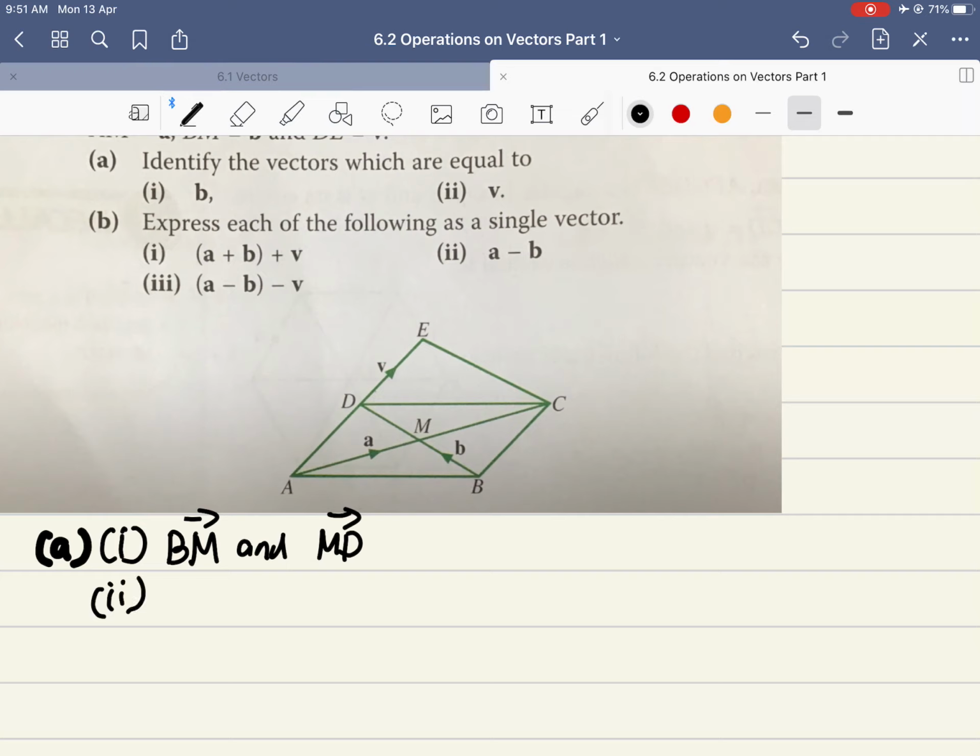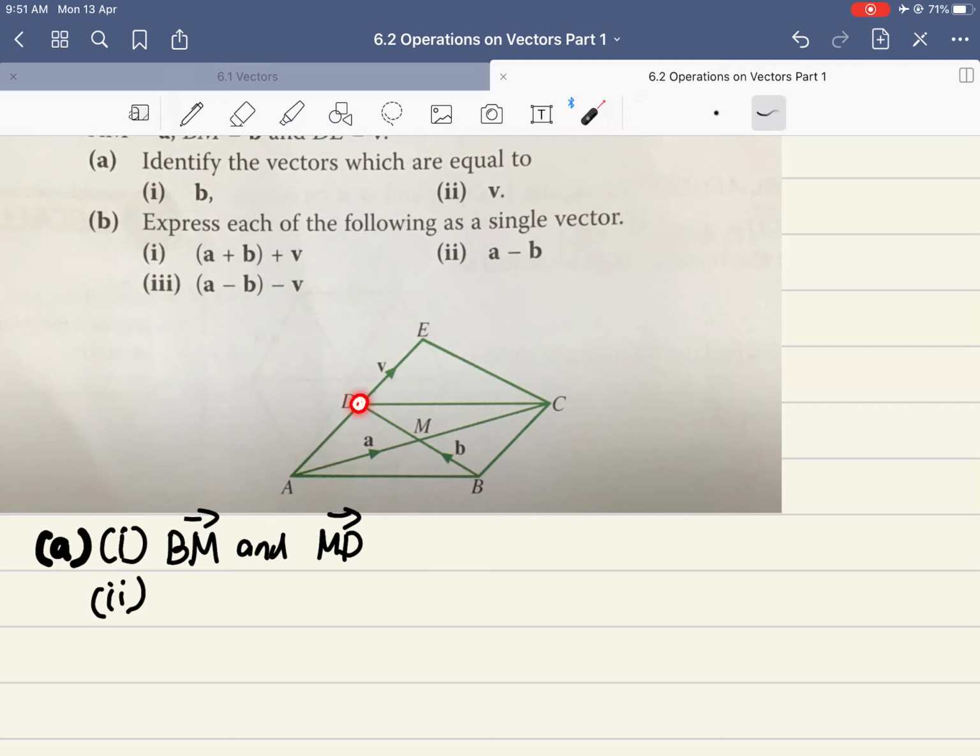Okay, for part 2 now. If I'm trying to find DE, are there any other vectors that are equal to vector V?